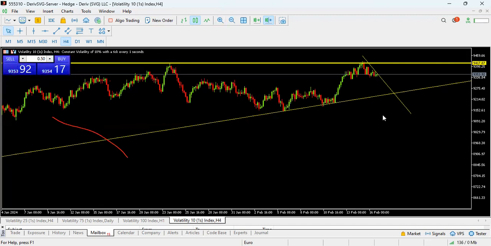All right, is there any question? Sir, what if it is a false breakout? If it is a false breakout, you're going to know, like now, for instance, let me use this.